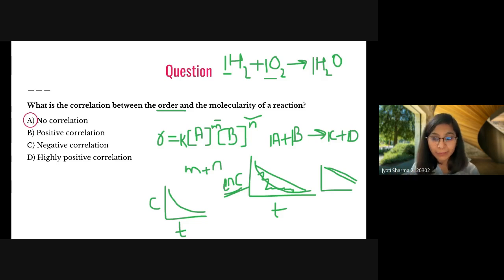In that elementary step, the number of molecules of reactant that we need is known as the molecularity. So molecularity and order are completely different from each other. That's why, among the options we had, no correlation, positive correlation, negative, and highly positive, no correlation is the right answer.